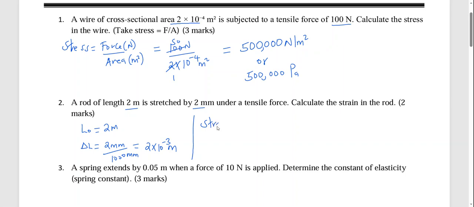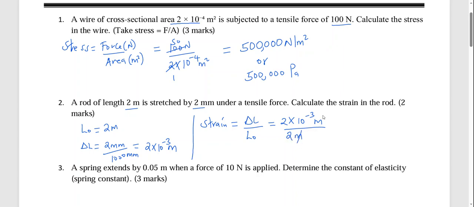Strain is given by change in length all over original length, which is 2 times 10 raised to negative 3 meters all over 2 meters.